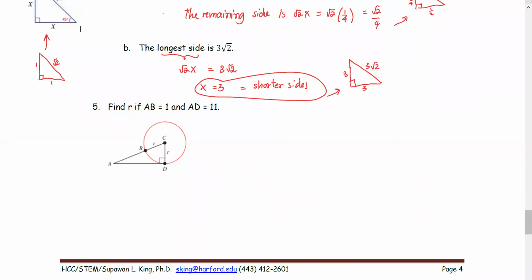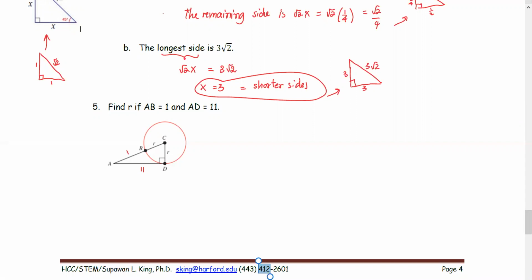Number 5, find the value of R if AB is 1 and AD is 11. Put the numbers in: AD is 11, AB is 1.